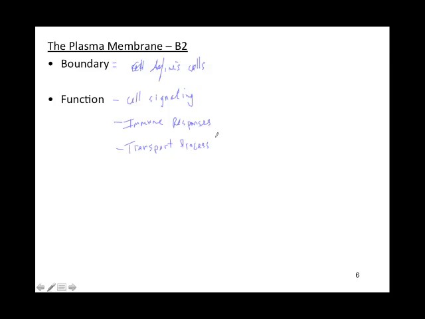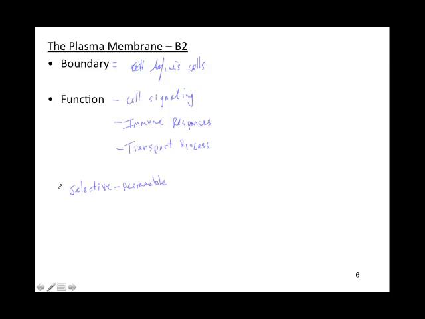One of the things that we can say about the cell membrane is that it is what we call a selectively permeable membrane. Permeability refers to the ability of something to move through something else.